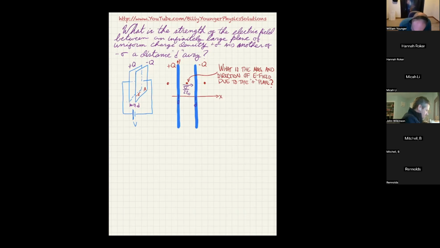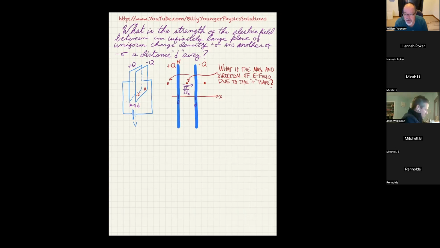Now let's answer the same question for this dot. Can anybody give me the direction and magnitude of the electric field? Again, just by the positive plate. Completely forget about the negative plate. Let's start off. Can anybody tell me what direction? Yes, that's right, Micah, that's right, the magnitude. How about the direction? Can anybody tell me what direction the electric field would point on the left-hand side of the positive plate?